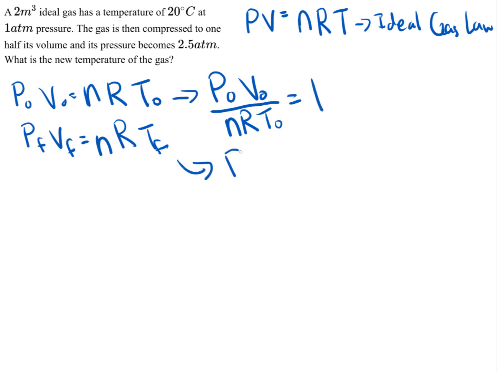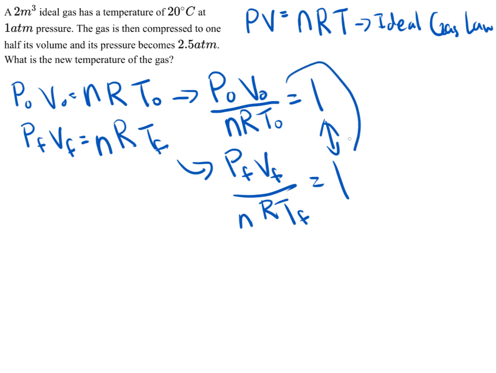And the same thing can be said for the second equation, that it also equals 1. And since both of these equations equal 1, we can set them equal to each other. And you could do this either way. So these two equations are going to be equivalent.